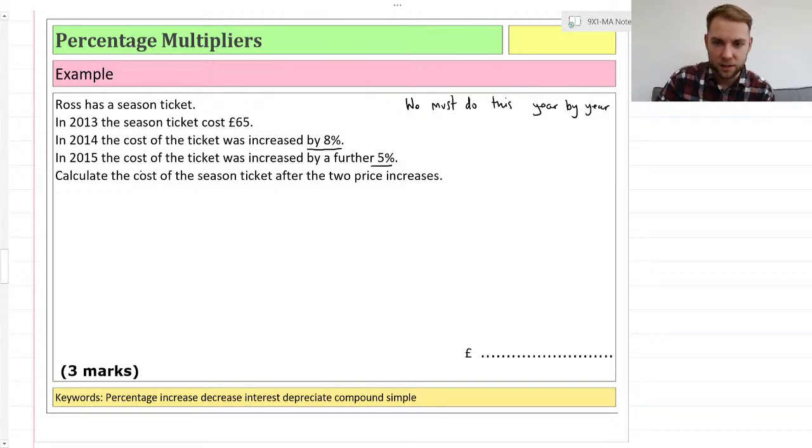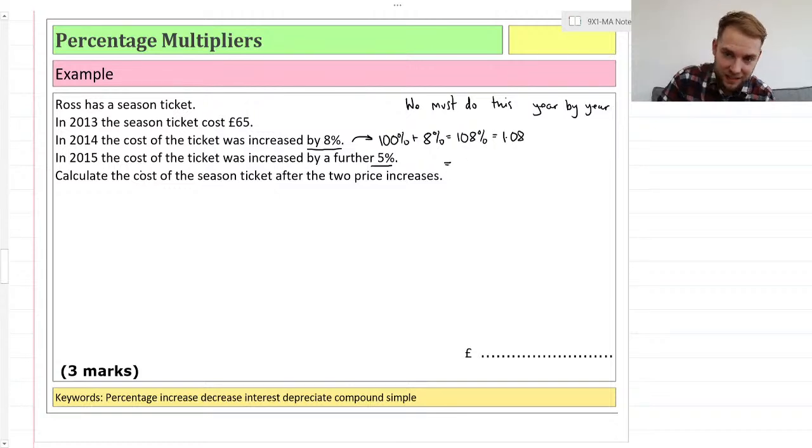So the first thing we need to do is the increase of 8%, which is going to be 100% plus the 8%, which is equal to 108%, so a multiplier of 1.08. That will be my multiplier for the first year.